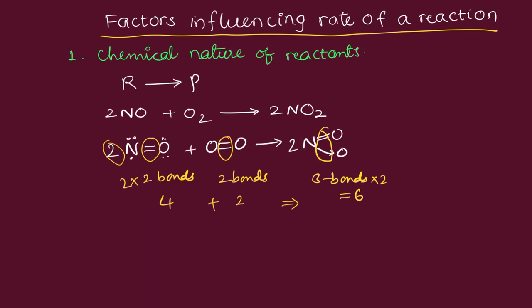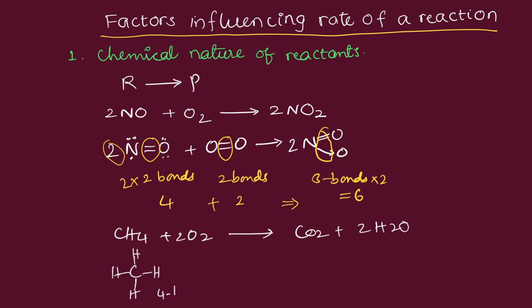Now we will take another example. Methane, CH4 plus oxygen, that is 2 moles of oxygen, converts into carbon dioxide plus 2H2O. Now here methane has 4 bonds, and this is 2 double bond O, and this will be converted into double bond O carbon, plus 2 moles of HOH.